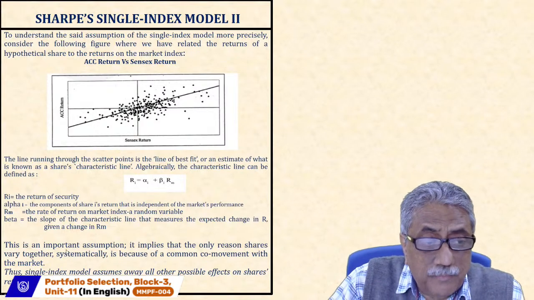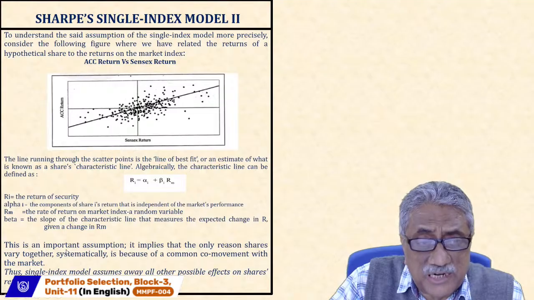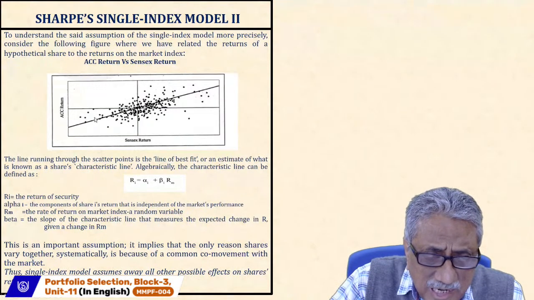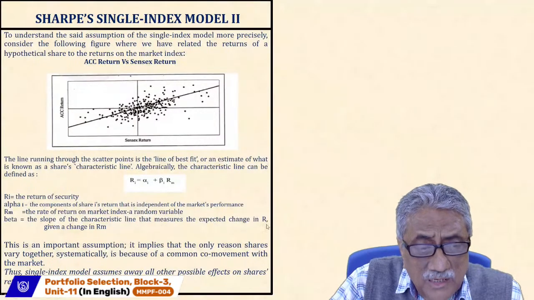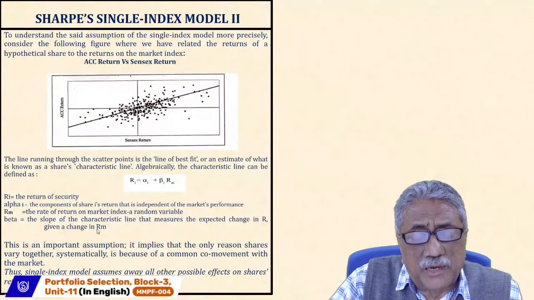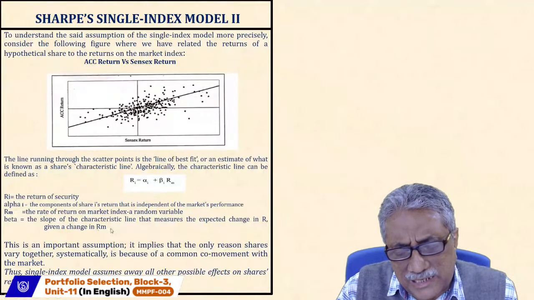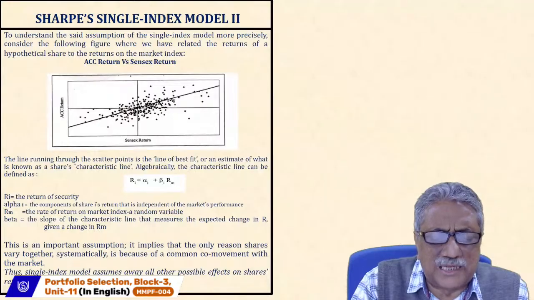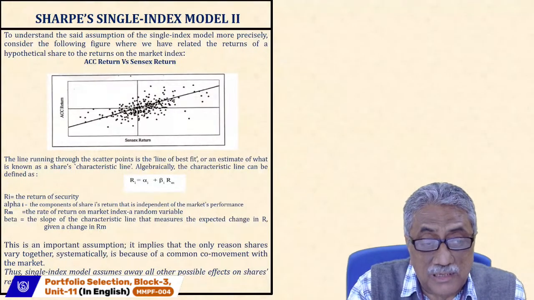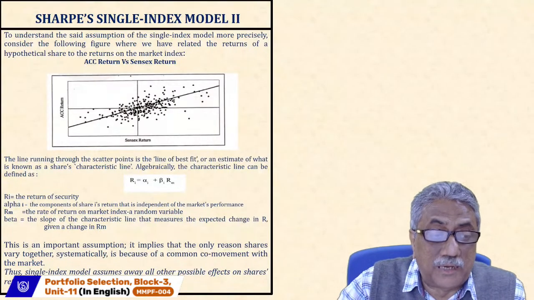Now beta, the slope of the characteristic line, measures the expected change in RI given a change in RM. If the market goes up or down, how much can the stock go up or down, or how it will react, that is given by beta.